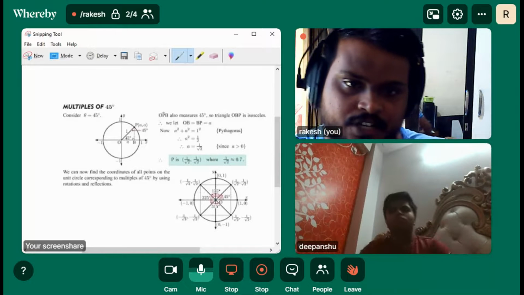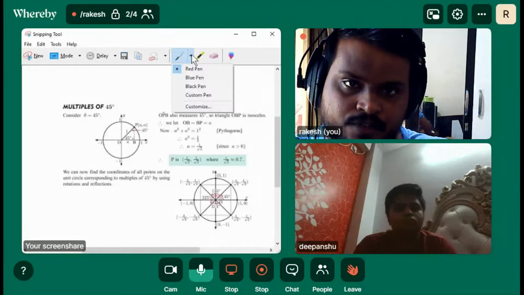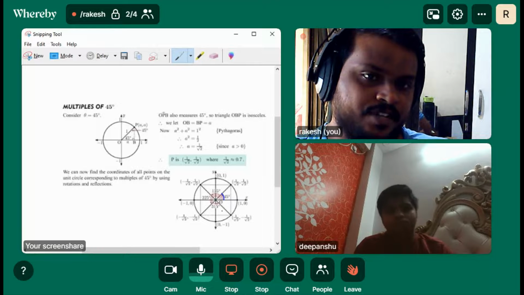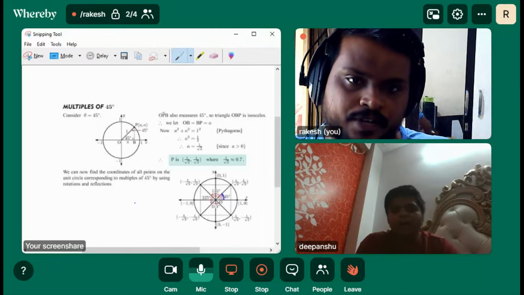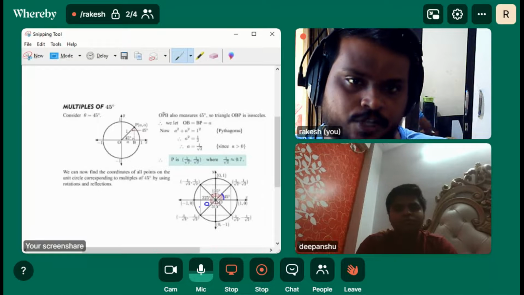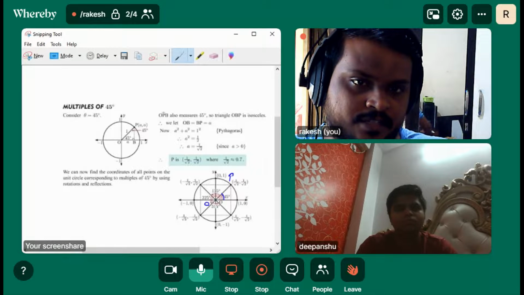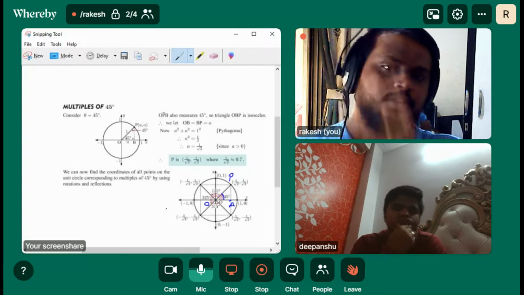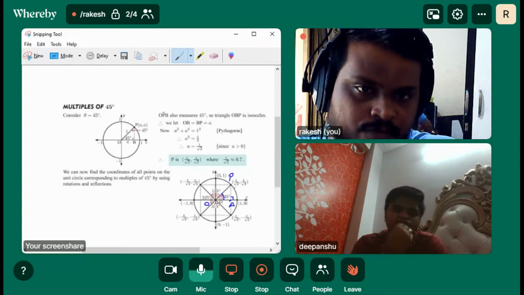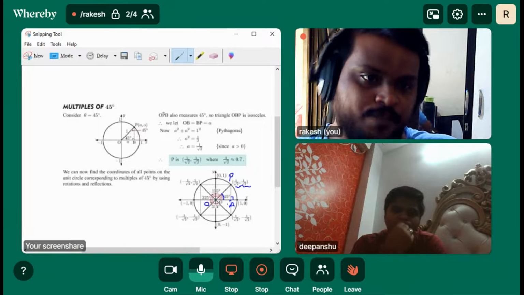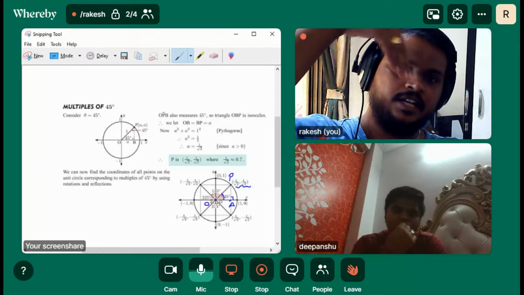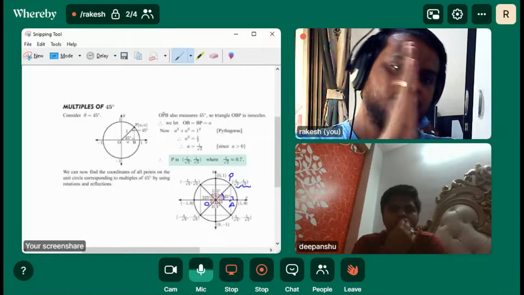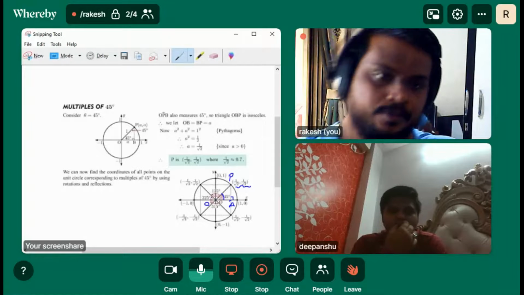Like if you have 45-degree here, if the angle is 45-degree like this, and you draw a perpendicular line, let's say this is point O center and this point as P, and this point as A. Since we have drawn a perpendicular line from P to A to figure out the coordinate of point P, we can find out the horizontal length as x component and the vertical length as y coordinate of the given point.